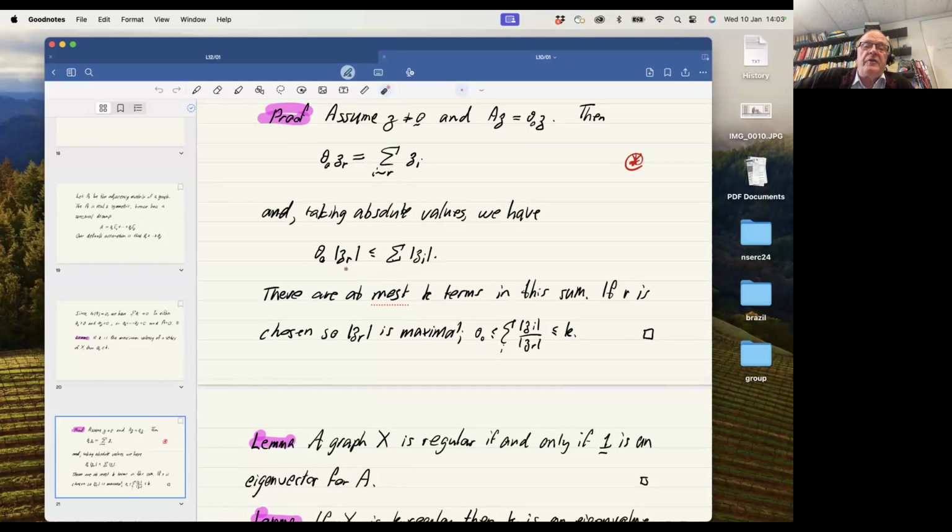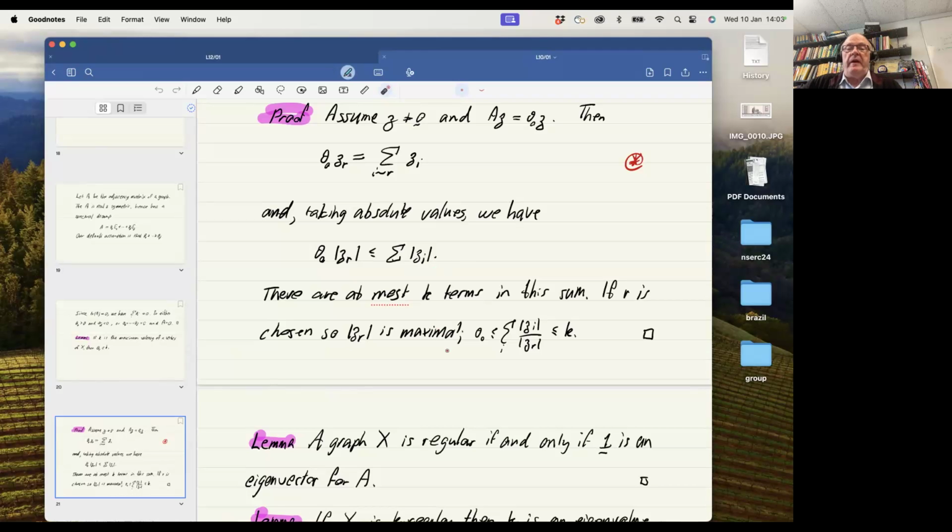We're free to choose r, so let's choose r so that the absolute value of z_r is as large as possible. So this is the largest entry in absolute value. Then each of these terms is less than or equal to the absolute value of z_r, and so by straightforward calculation we get this. The right hand side is less than k times the absolute value of z_r, and that gives theta 0 is less than or equal to k.